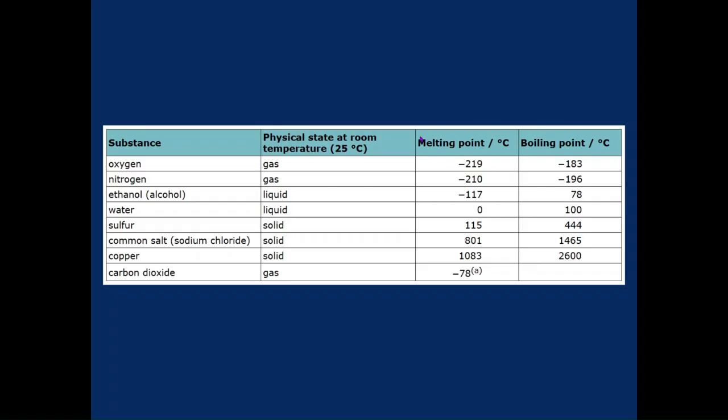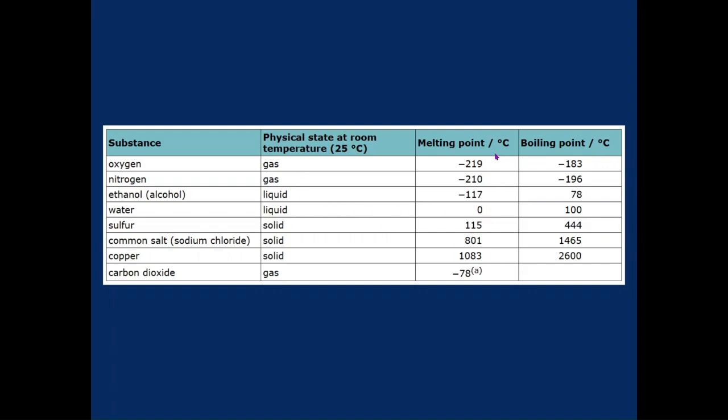So these are the points where the solids transition to liquids, right? For all of the ones that are below 25 degrees, that would mean that our substance is either going to be a liquid or a gas at room temperature, which we see is true, right?